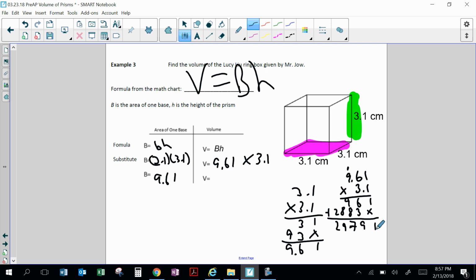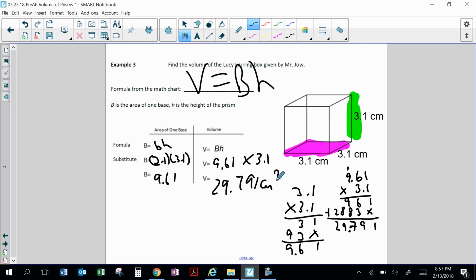But where does the decimal point go? This is the tenths place, this is the hundredths place. There are 1, 2, 3 places behind a decimal point. So where should I put it? It goes right here to make 3 places. So it's 29.791 cubic centimeters is the volume.